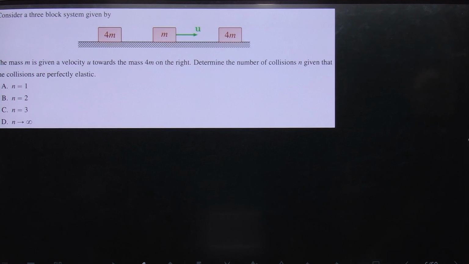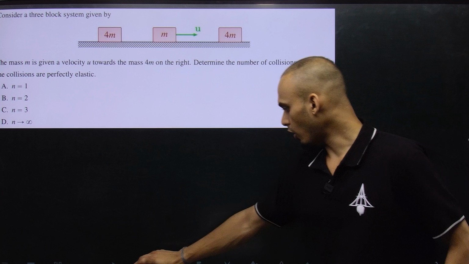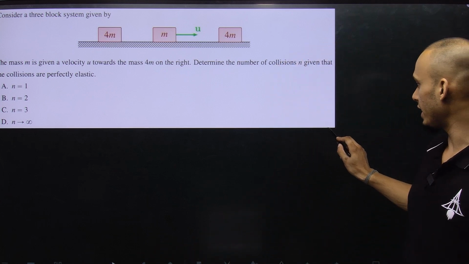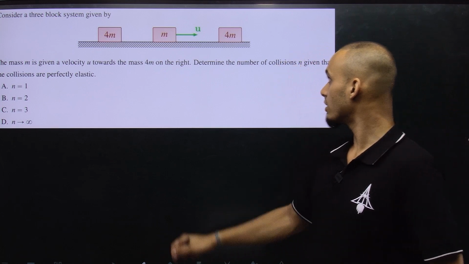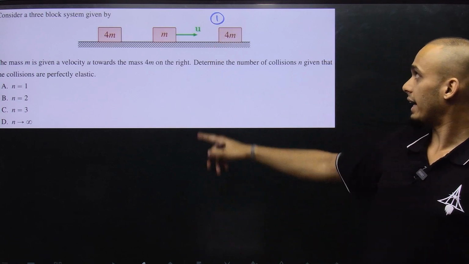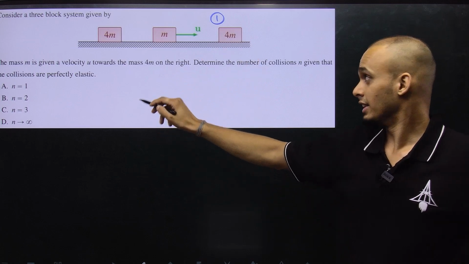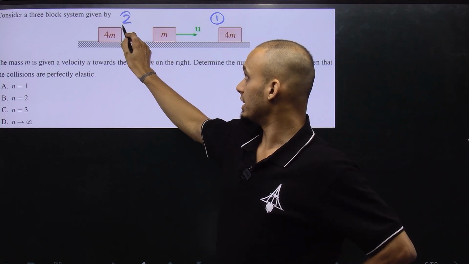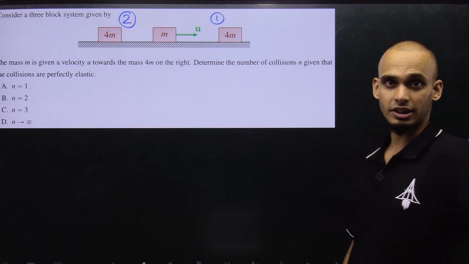Now this next question says that we have a 3-block system such that initially a block of mass m was moving towards the right, and it collides with a mass of 4m. One collision will happen over here, and if the block moves in the other way, then it will collide with the second block and another collision will take place.